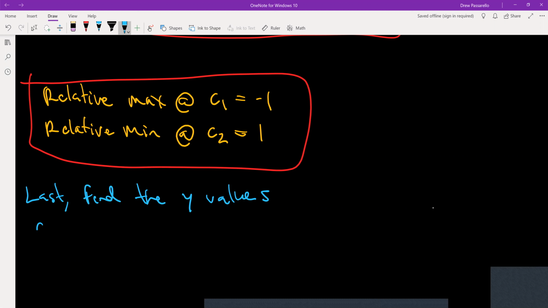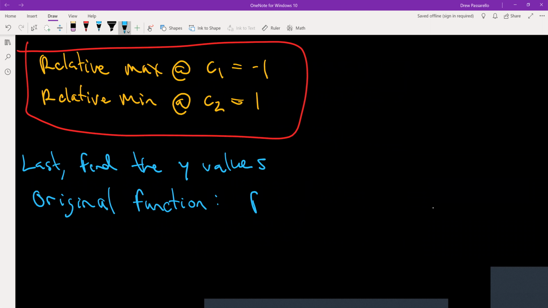All right, and this is where people get tripped up. You have to always use the original function. And the original function, well, I wrote it out differently, but what it started out was x to the 5th minus 5x, over 5.